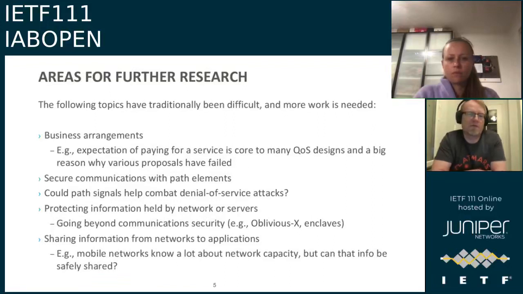One example here is that mobile networks actually know quite a lot about the network capacity and the pipe that's available for the user, and how that's likely going to change in the next few seconds. But there, of course, are significant security question marks here. Like, can you actually share that information without, for instance, accidentally disclosing where the user is?